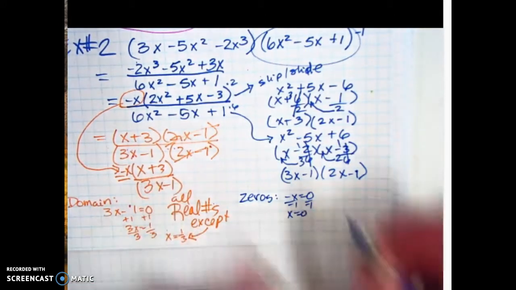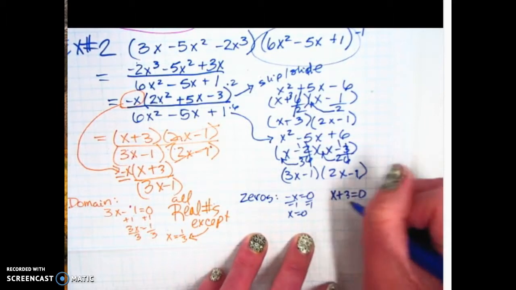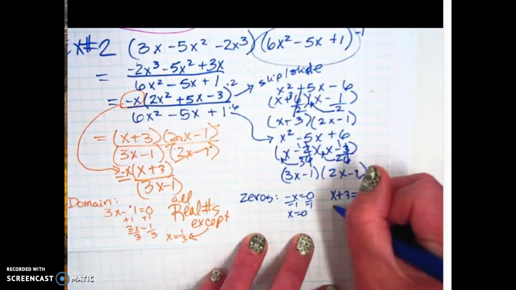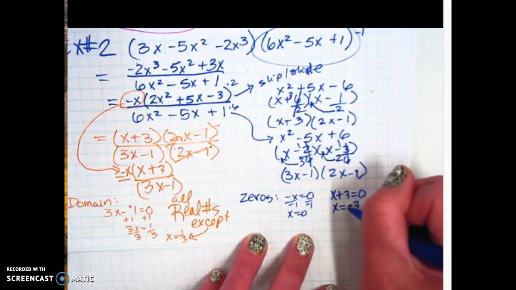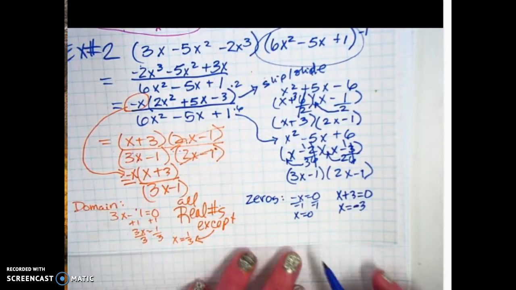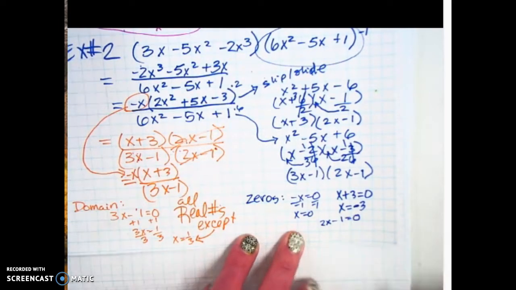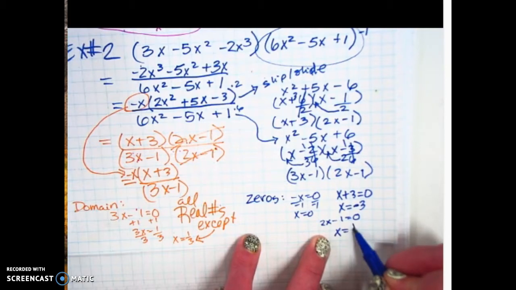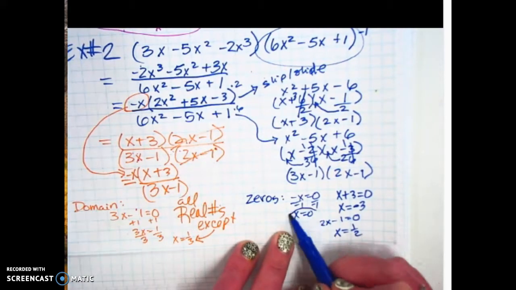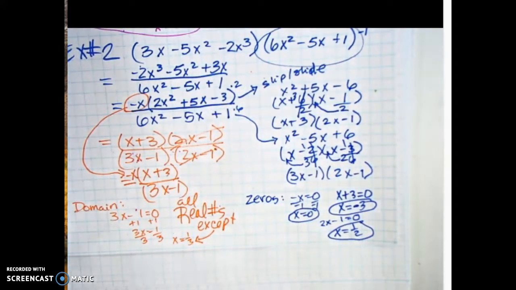And the x plus 3, set that equal to 0, so subtract 3, so x equals negative 3. Is there another one? Yeah, the 2x minus 1. One more. 2x minus 1 equals 0. I'm going to get 1/2 just because I'm running out of room. So there were 3 of them. There's this one, and this one.